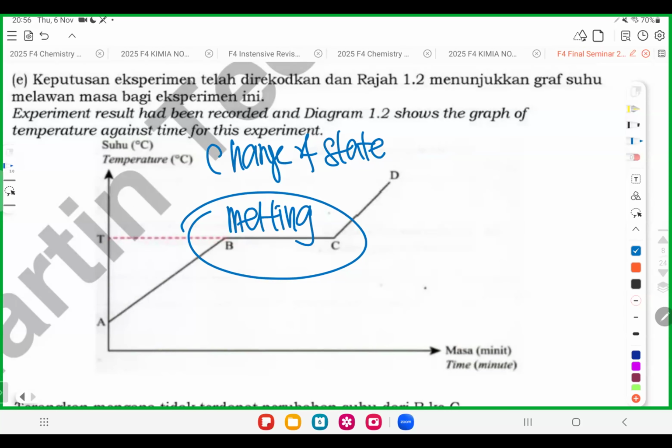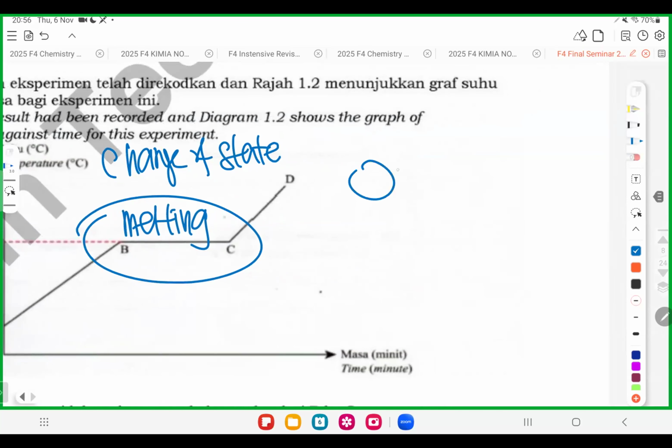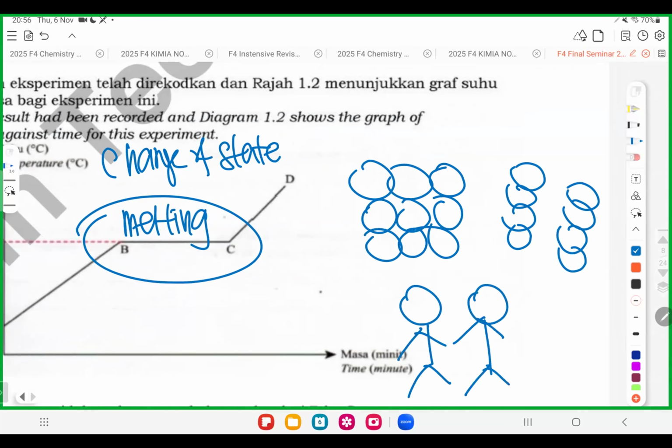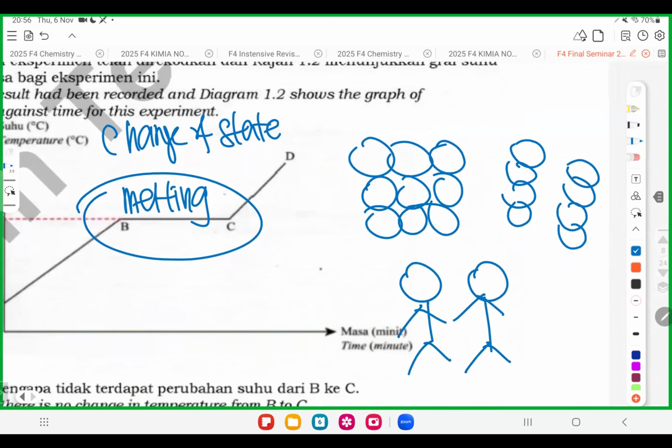Okay, so in melting, what happened? When solid wants to change to liquid, you can imagine it like this. Initially, solid is like two persons holding their hands together. When they want to become liquid, you need to break them apart.